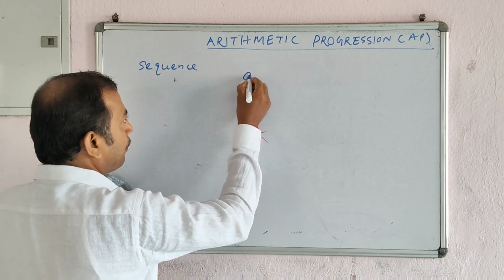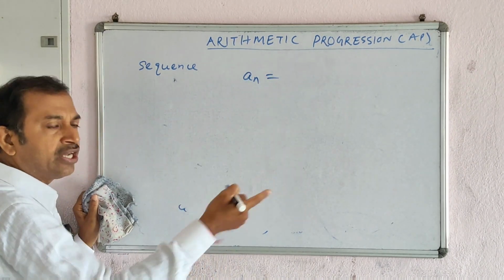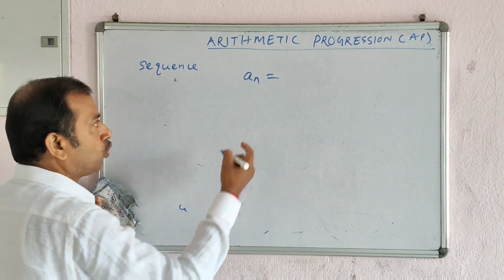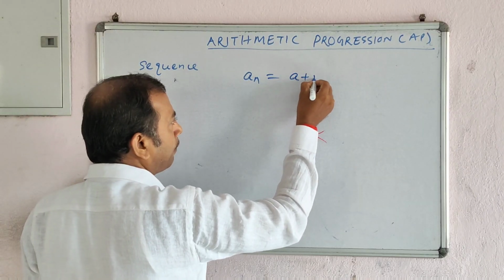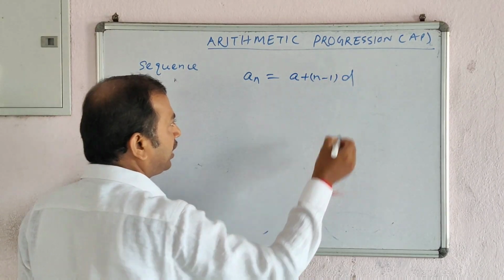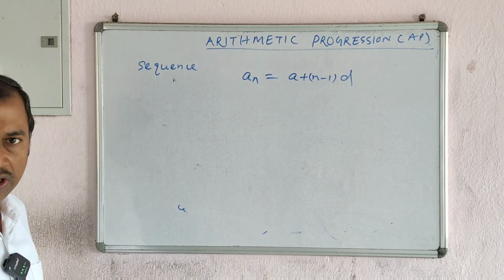Remember, this is an important thing, general term. Any term you can find by using this rule: an equal to a plus n minus 1 into d. This is called the general term.